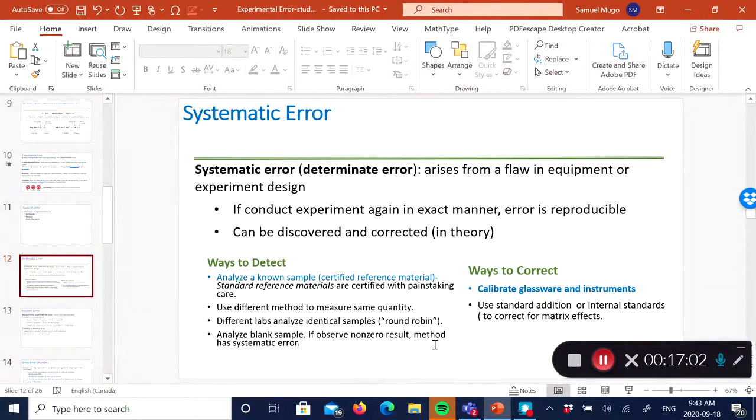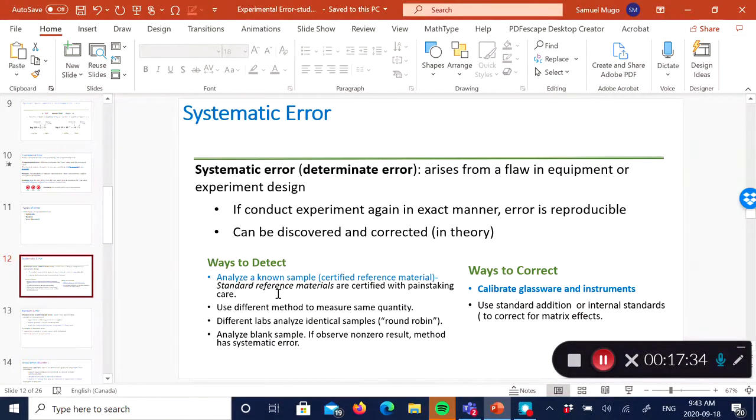And if you end up getting a value other than 0, then possibly I have systematic error. So again, the blank is a sample that has all the components of the sample but doesn't have the analyte in it. So analyze the blank. If you observe non-zero results, then you've got a systematic error.